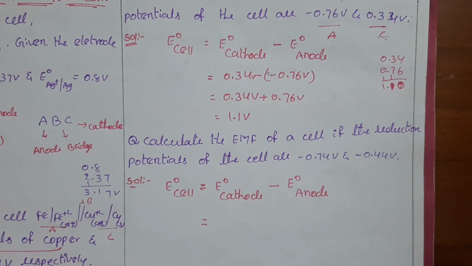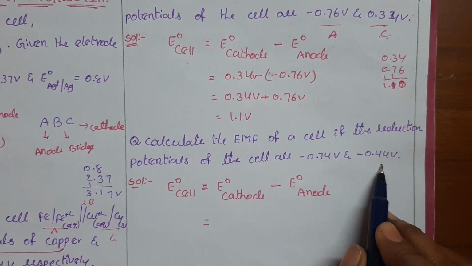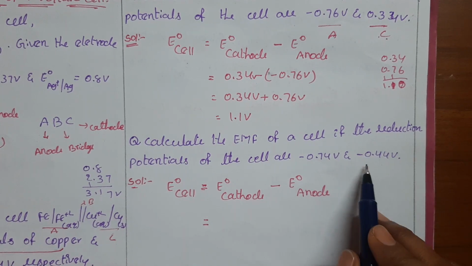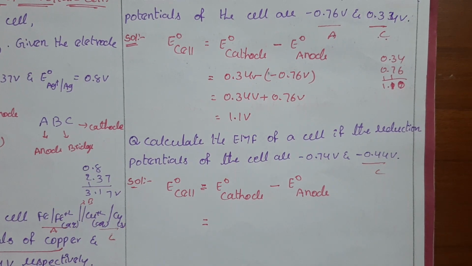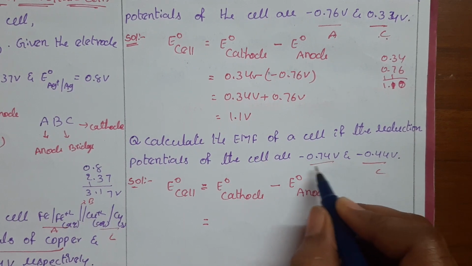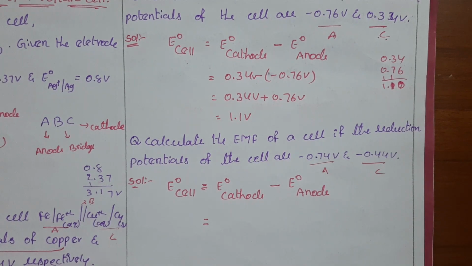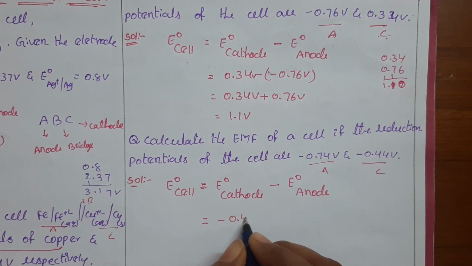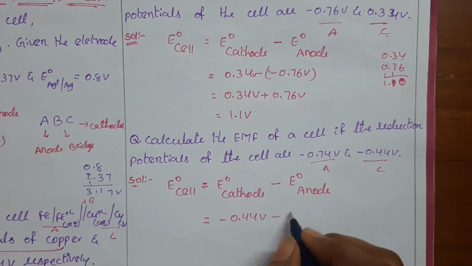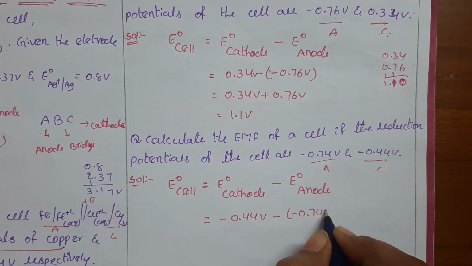So in these two, what is the greater value? Either minus 0.74 or minus 0.44. Minus 0.44 is the greater value. So it should be considered as a cathode and minus 0.74 should be considered as an anode. Substitute those values: minus 0.44 volts minus of minus 0.74 volts.